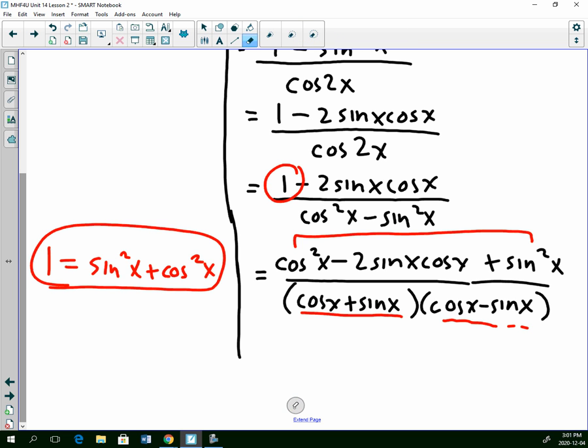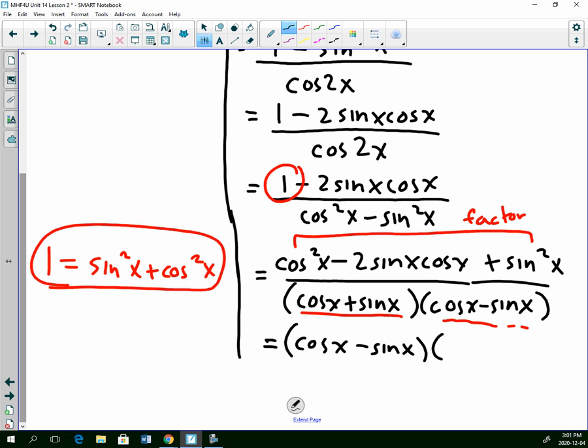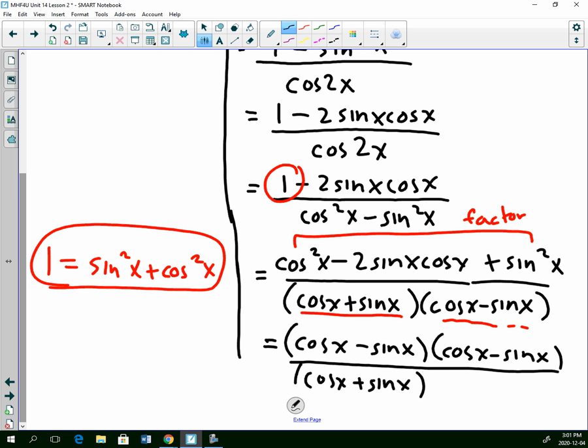And then if I factor this trinomial, it's actually a perfect square. So it's cos x minus sine x twice. There's actually, if you did the 3U and you finished the course and you did identities, a very similar question in 3U.